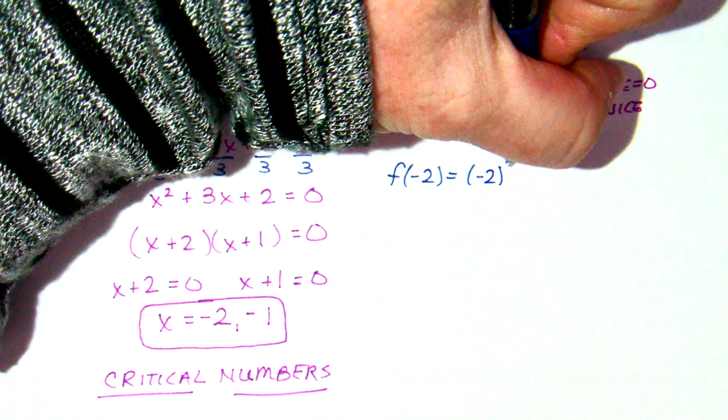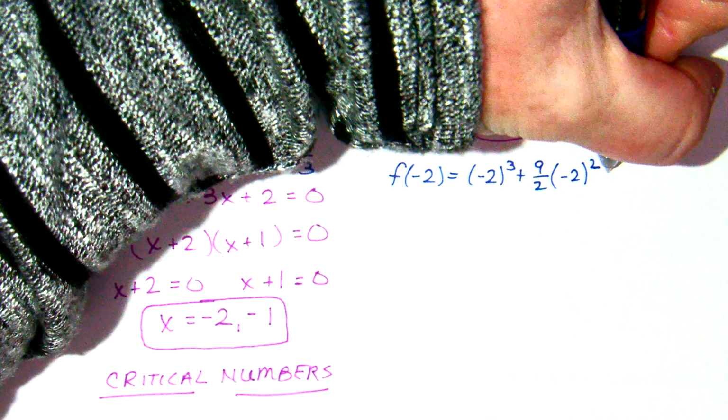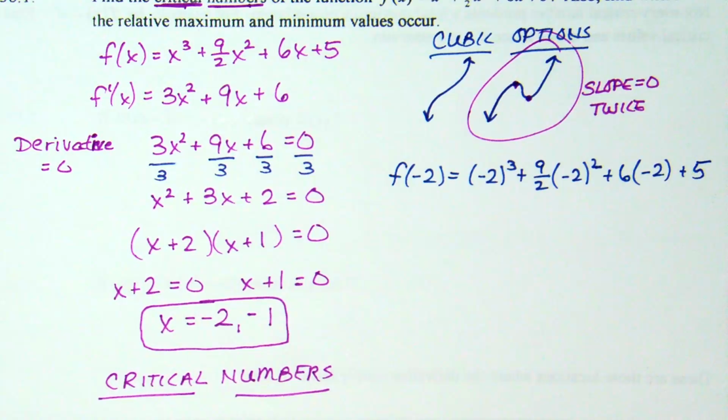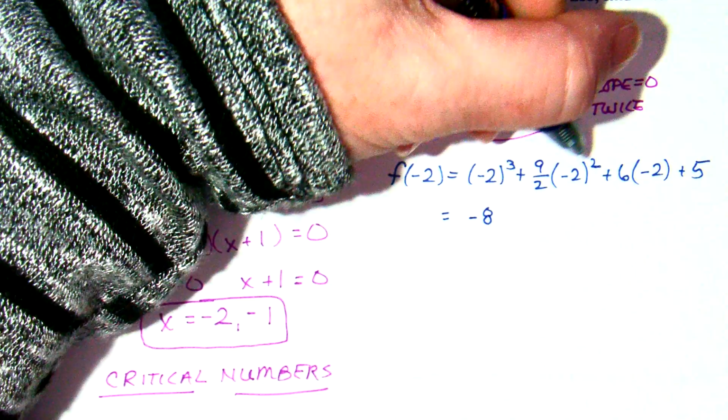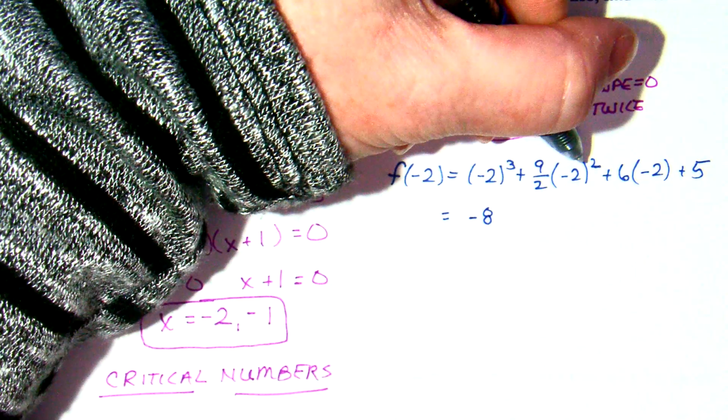-2 to the third plus 9/2 times -2 squared plus 6 times -2 plus 5. Let's see, -2 to the third is -8. -2 squared is going to be 4. 9/2 times 4.